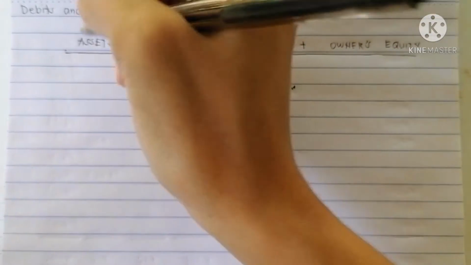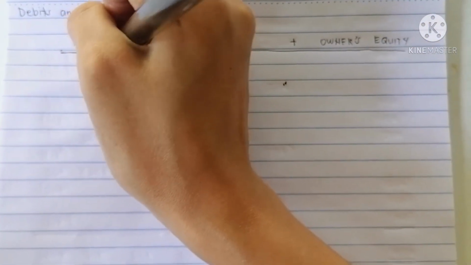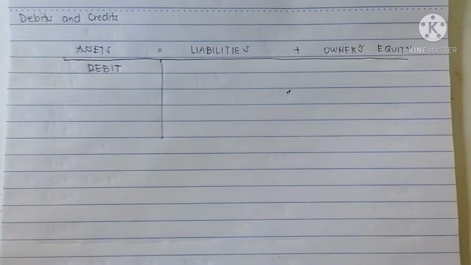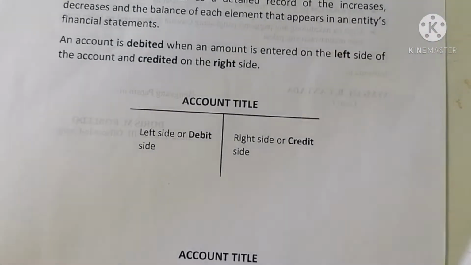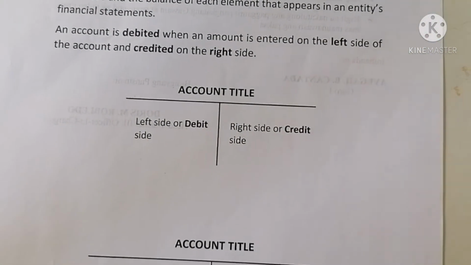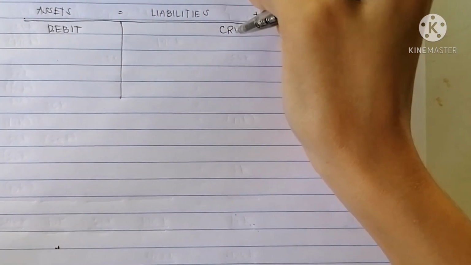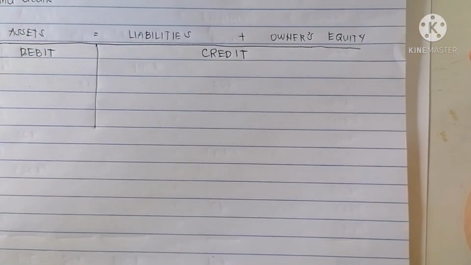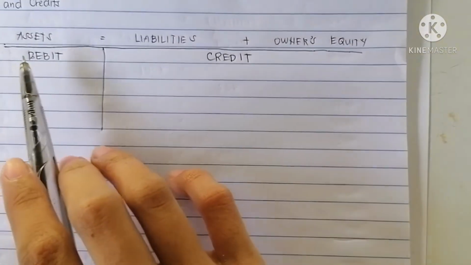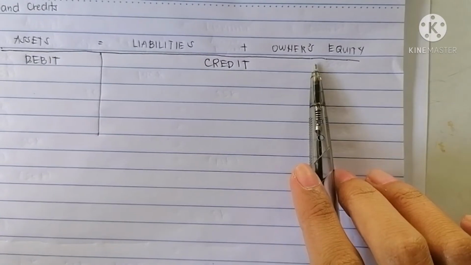So let's put debit here. Next, credited on the right side. So this is where you will put credit. This means that the normal balance of the assets is debit and the normal balance of liabilities and owner's equity is credit.